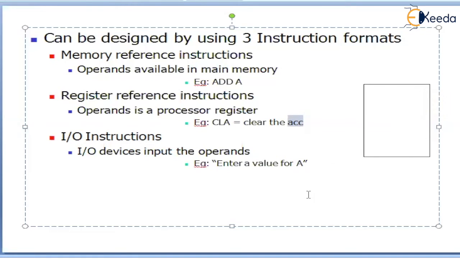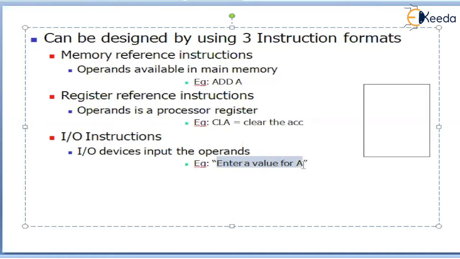Okay. Now the third category is IO instructions. When you execute an instruction and you have to collect the operand from the IO devices, then these instructions will come into the category of IO instructions. For an example, in a C program, you just said enter a value for A. You did not directly assign the value.